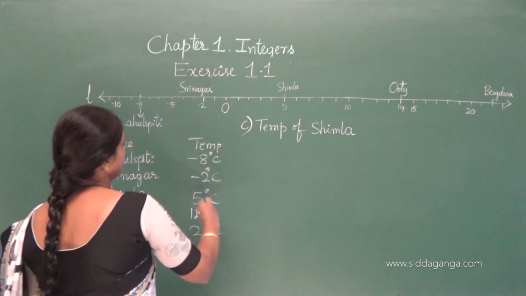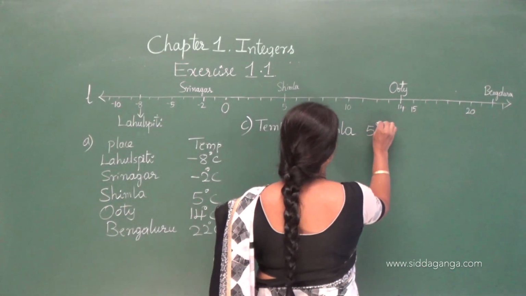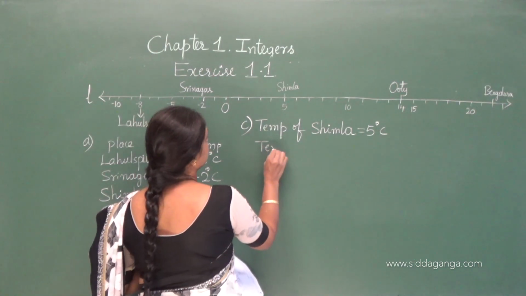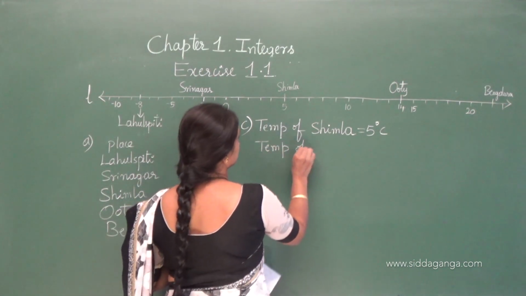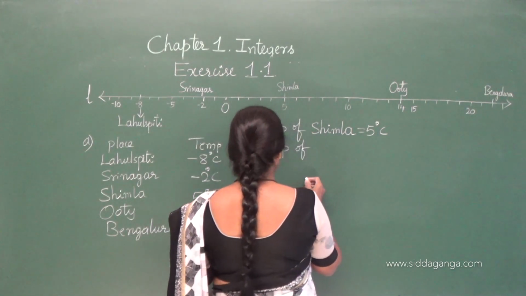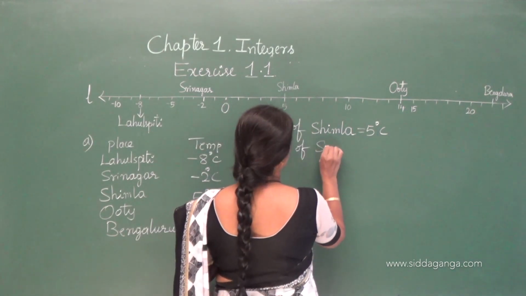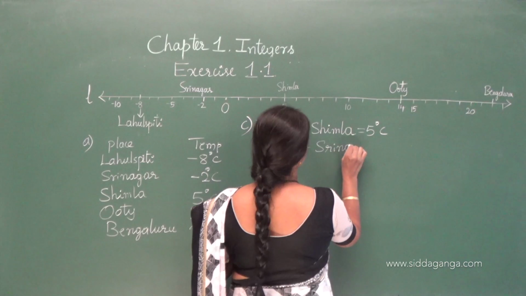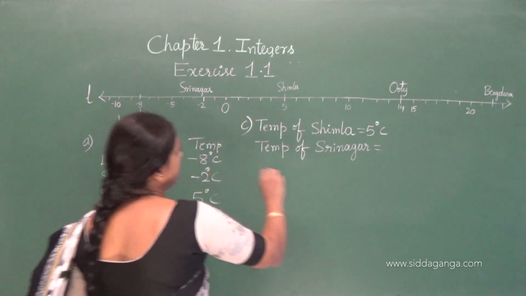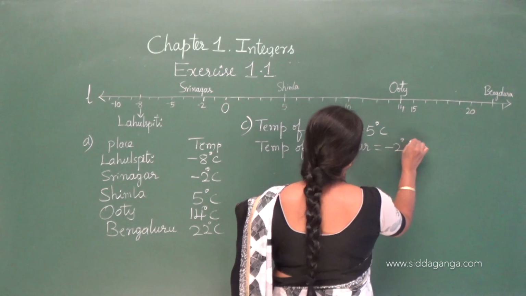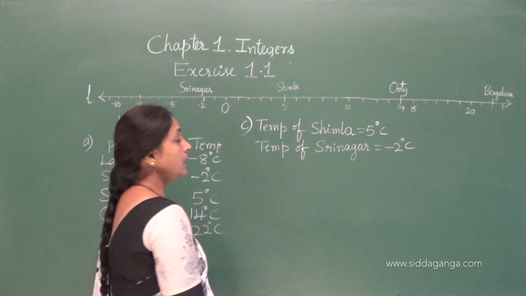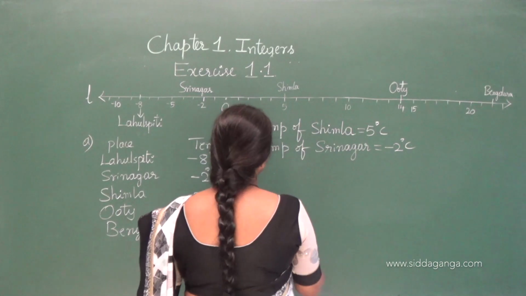Temperature of Shimla is 5 degrees Celsius. Then temperature of Srinagar is minus 2 degrees Celsius, and we have to take both the temperatures together.